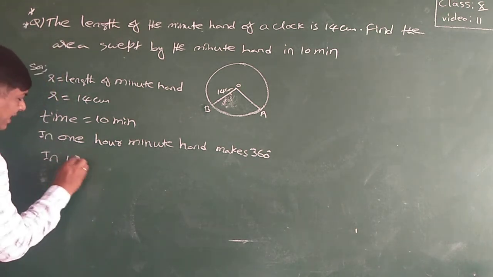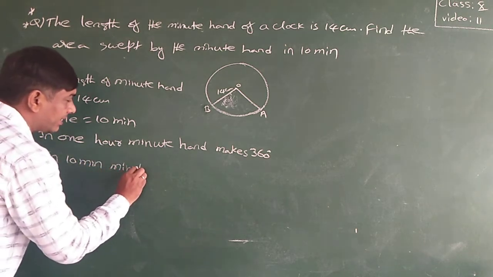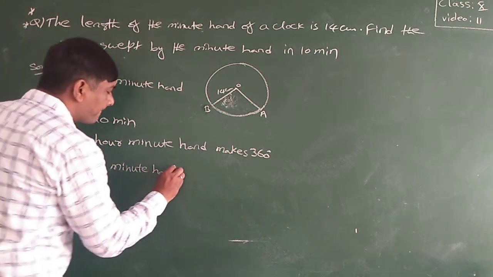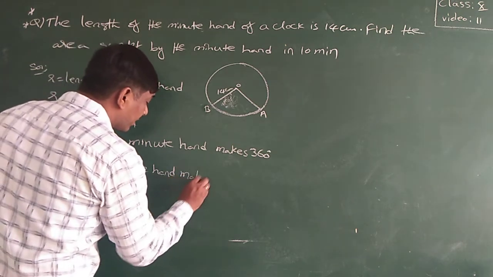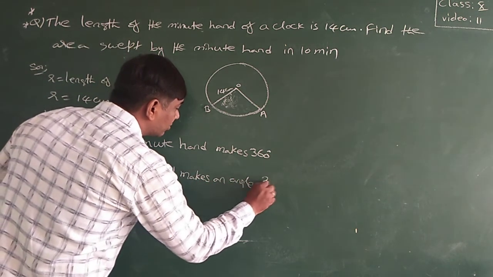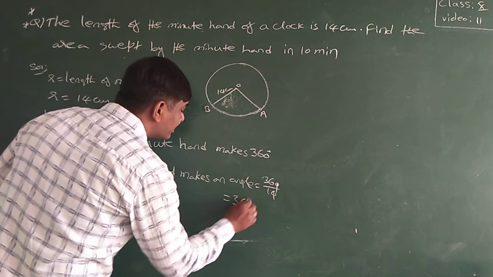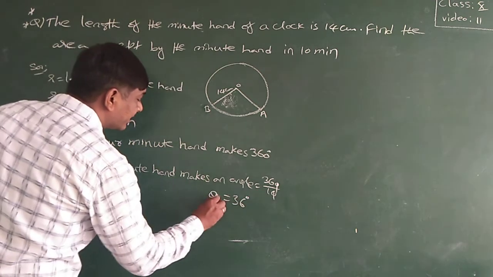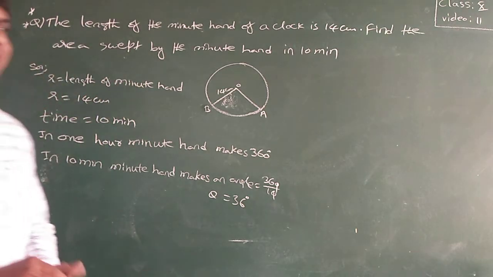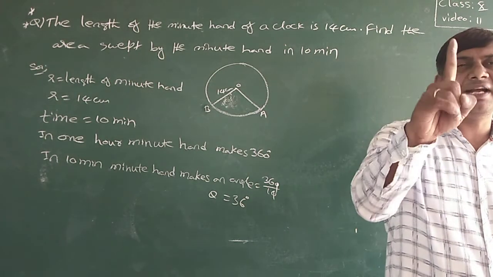In 10 minutes the minute hand makes an angle equal to 360 by 10. Zeros cancel, 36 degrees. This is theta. By default, remember always that a minute hand makes 6 degrees for every minute.